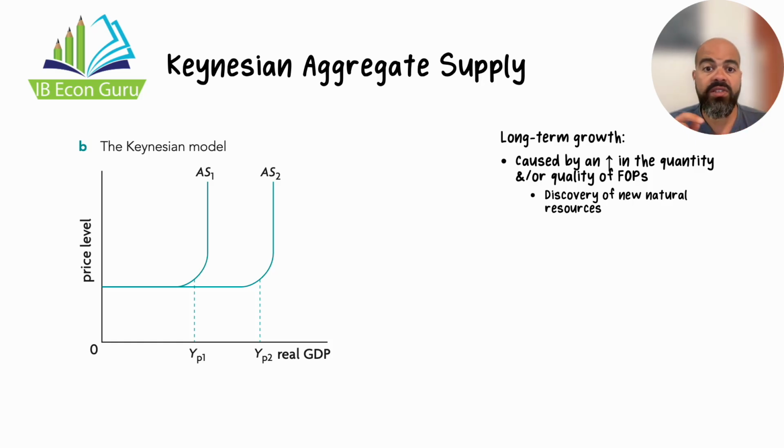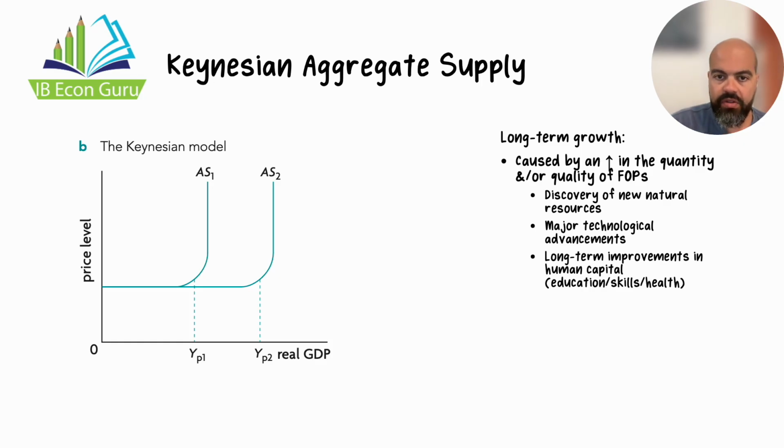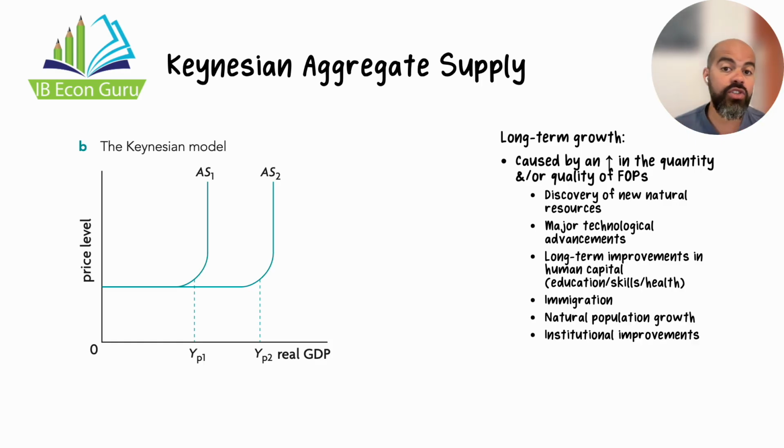So if there's a discovery of new natural resources, major technological advancements, long-term improvements in human capital, the education, skills, and health of the workers, immigration, migrants moving into the country that will increase the size of the labor force, natural population growth, institutional improvements that make the economy more efficient, less bureaucratic, less red tape. All of these things, as well as supply side policies.